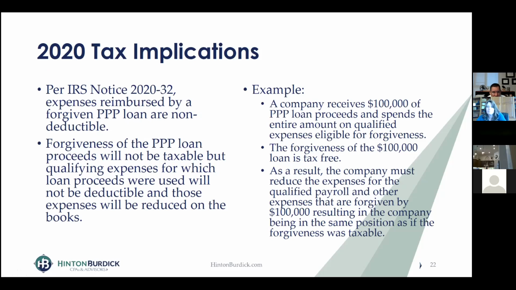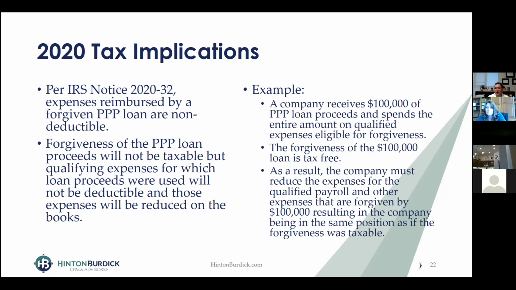There are some tax implications for the forgiveness of PPP loans. Expenses reimbursed by a forgiven PPP loan are not deductible. When Congress rolled out the PPP loan program, they said that the forgiveness of the loan proceeds would not be taxable, which is correct.